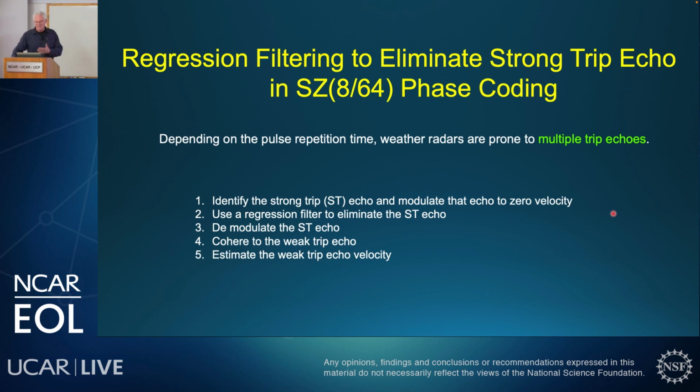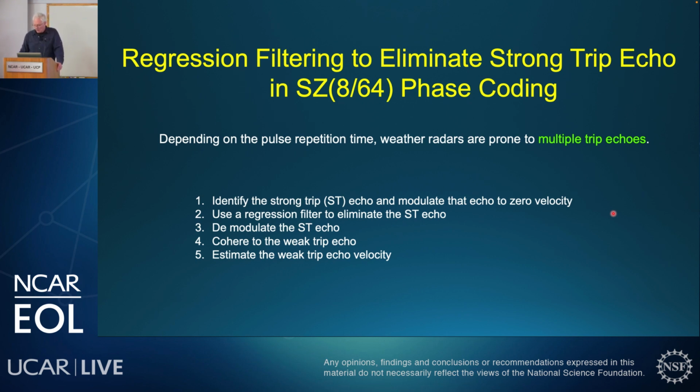And so SZ phase coding is a technique where you can separate those echoes from first, second, third trips, et cetera. It's a good technique, and they use it on all the NEXRADs. In fact, our group helped develop that back 15, 18 years ago. Depending upon the pulse repetition time, weather radars are prone to multiple trip echoes.